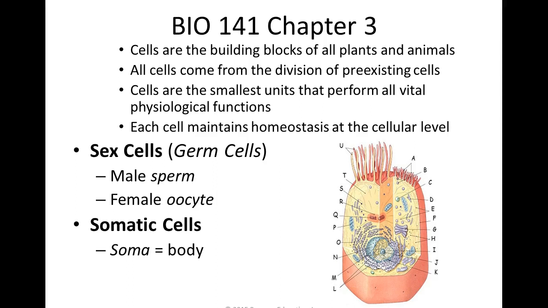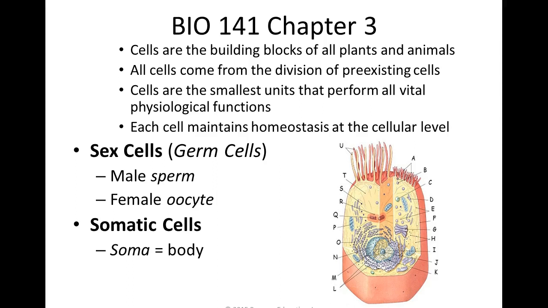It really doesn't have a whole lot of point of reference then, and that's why we say it's the smallest unit. Each cell itself has to maintain homeostasis of its own little entity, but homeostasis of the organism, so you and me, is based on all of these cells working together to perform homeostasis among themselves, but also as for the unit, the organism itself.